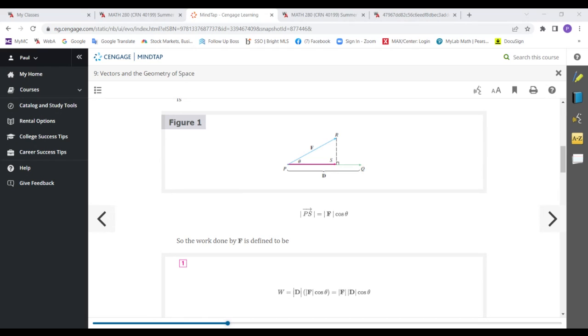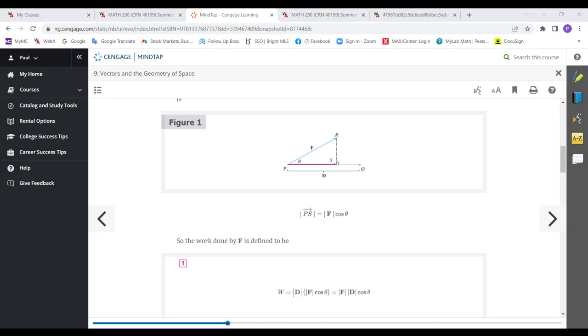If you notice in the picture in Figure 1, there's a right triangle formed by points P, R, and S. The cosine of theta would be equal to the length of that leg, PS, divided by the length of the vector F. Therefore, the length of PS is equal to the magnitude of the force times the cosine of theta.